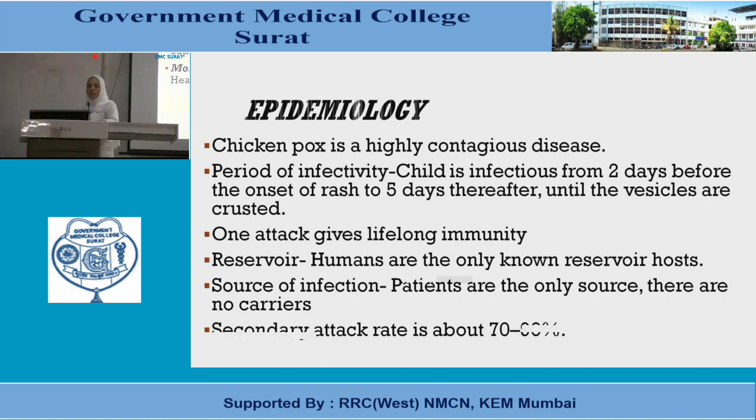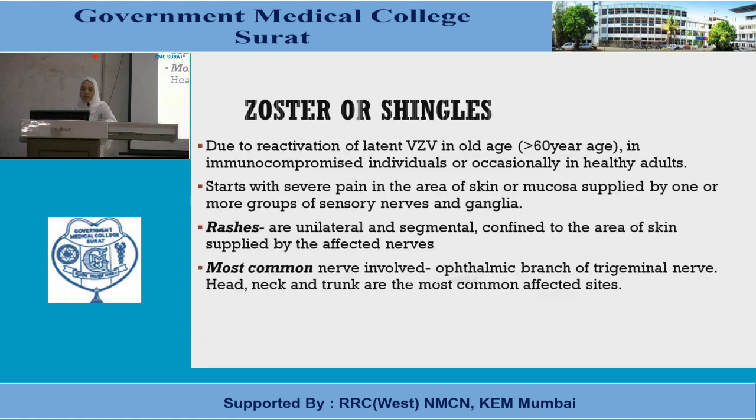Coming to another group of varicella, which is also called zoster or shingles. This is due to reactivation of latent varicella zoster virus, which is more commonly seen in older age, more than 60 years, in immunocompromised individuals, and occasionally in healthy adults. It starts with severe pain in the area where the skin or mucosa is supplied by one or more groups of sensory nerves and ganglia.